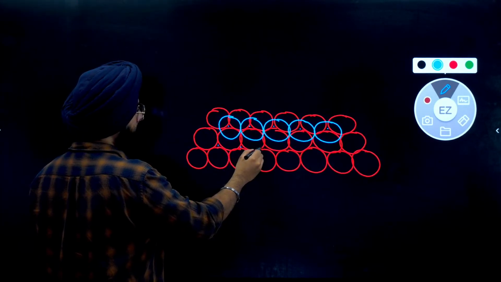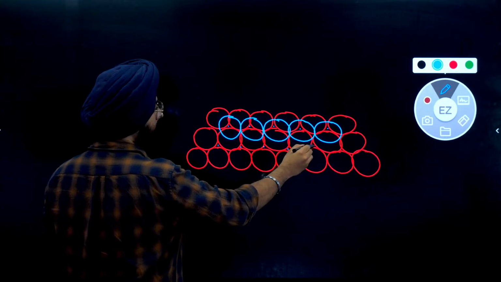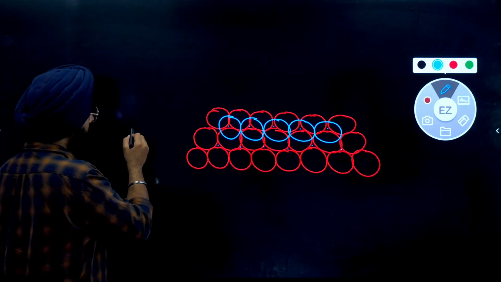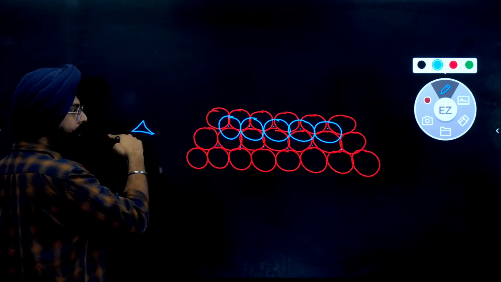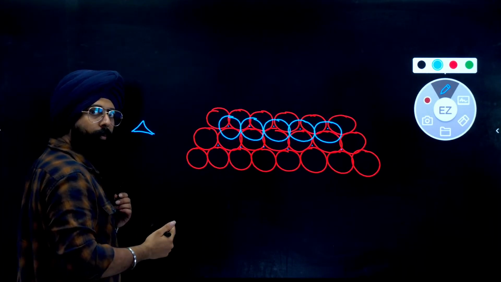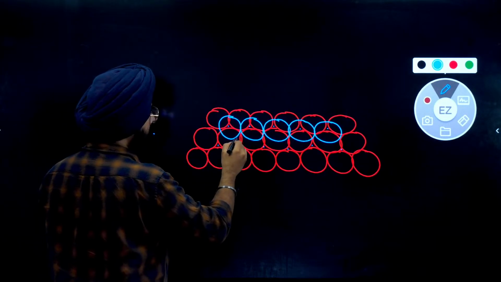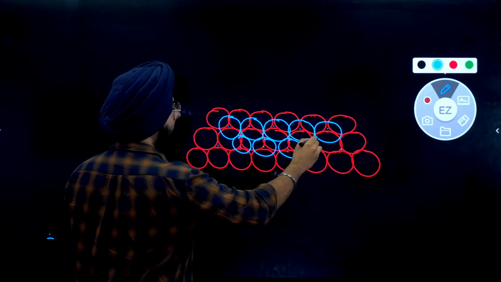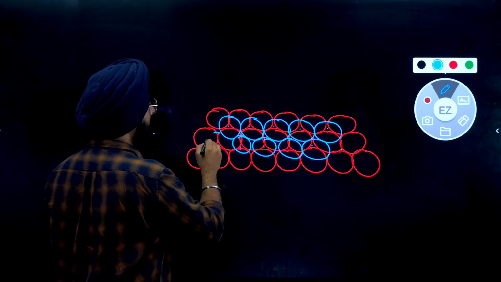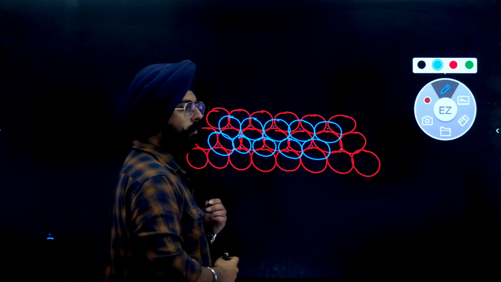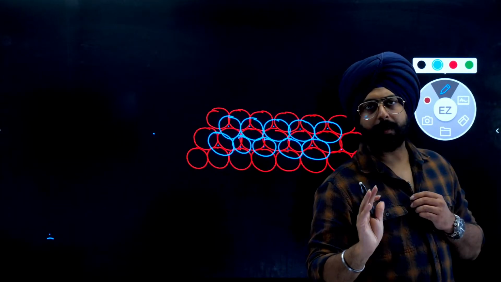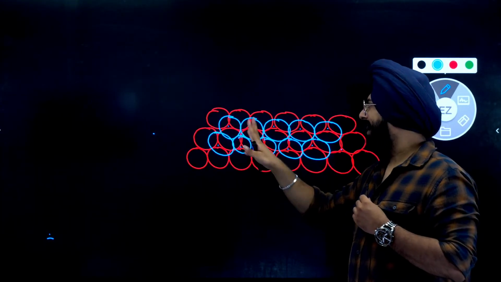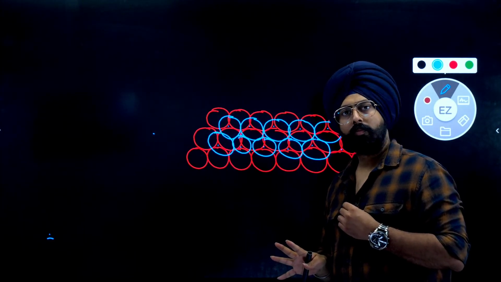Here. These gaps, what do they look like? They basically look like upward pointing triangles. Something like this you can keep. Getting the idea of what is happening? I had the base layer. Now I'm keeping the top layer on certain gaps that I can see. Fine.